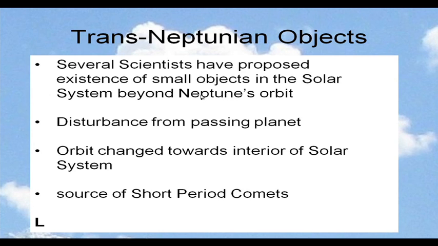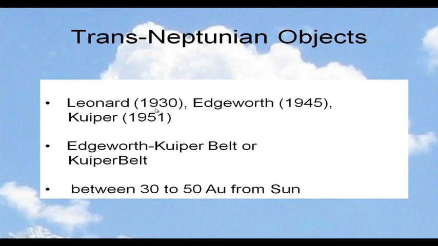Such objects orbit the sun beyond Neptune's orbit, and some passing planet or passing object disturbs them from the circular orbit, and the new orbit brings them close to the interior of the solar system, and these objects are then seen as short period comets. This was the picture proposed by several scientists, and here I show you the names of some of these scientists.